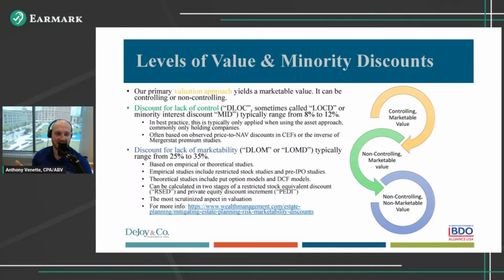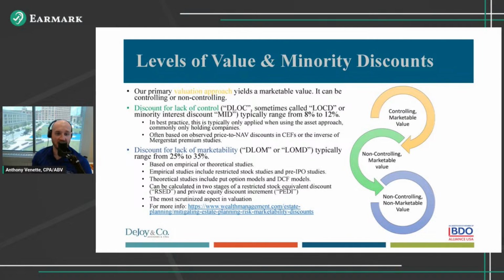So we typically can benchmark that against closed-end fund data that we have really good studies on. We also have merger stat studies that show us these opportunities. Discount for lack of control can range anywhere from 8 to 12% typically. It can be higher than that or lower than that depending on circumstances, but generally in that range.